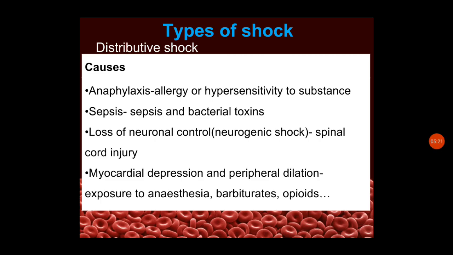Next is myocardial depression and peripheral dilation, like exposure to anesthesia, barbiturates, opioids. So there is abnormality in the distribution of blood to different organs, which leads to distributive shock. The causes are anaphylaxis, sepsis, neuronal reasons like spinal cord injury, and myocardial depression and peripheral dilation.